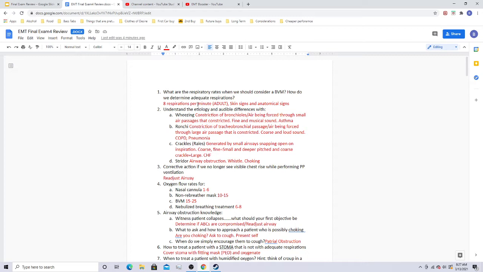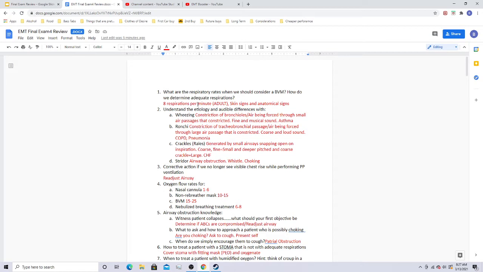So what are the respiratory rates when we should consider a BVM? How do we determine adequate respirations? So 8 respirations per minute for an adult, and skin signs and anatomical signs. If someone's pale, cool, and diaphoretic, you've really got to see what's going on, because the ABCs are compromised at some point there, because the body's naturally red and breathing fine.